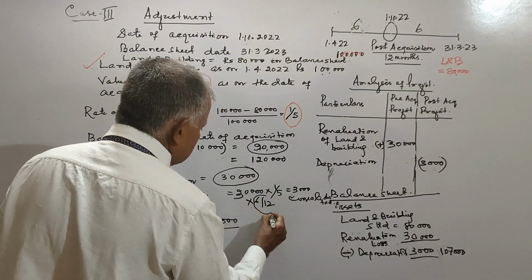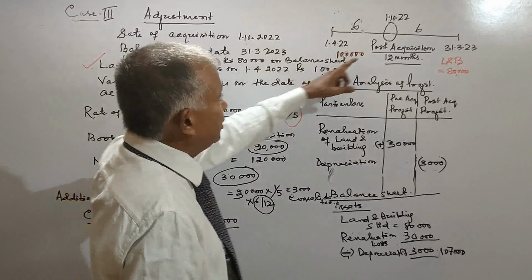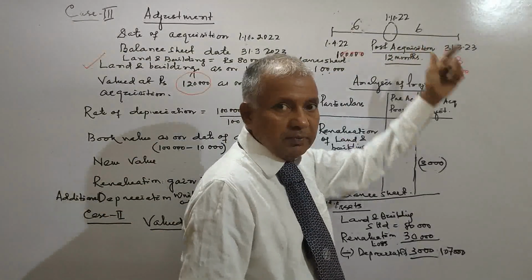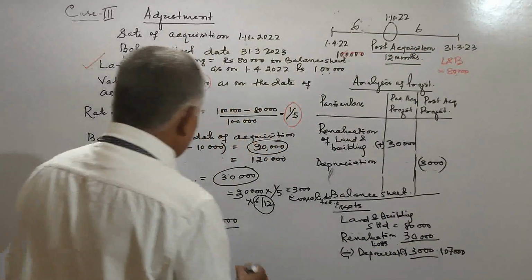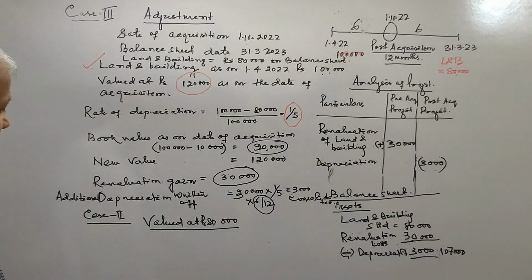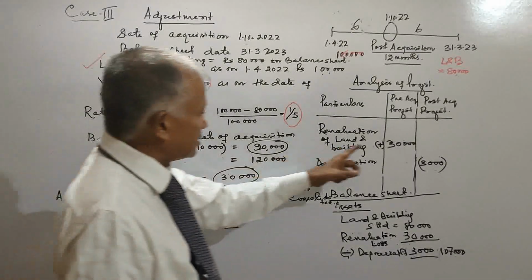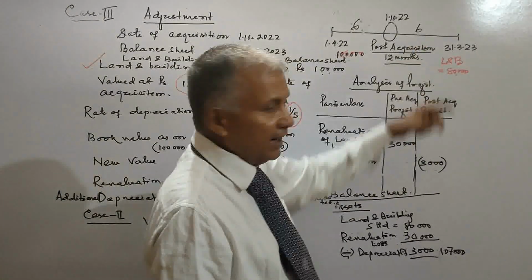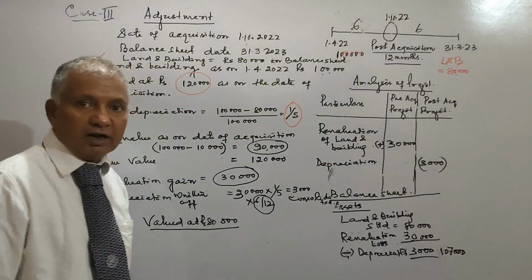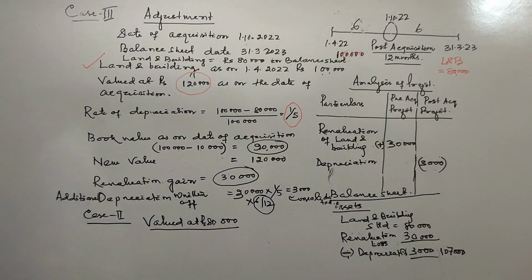We are doing 6/12 for your post acquisition period, right? Because the extra depreciation has to be given for post acquisition period, and post acquisition period is 6 months.